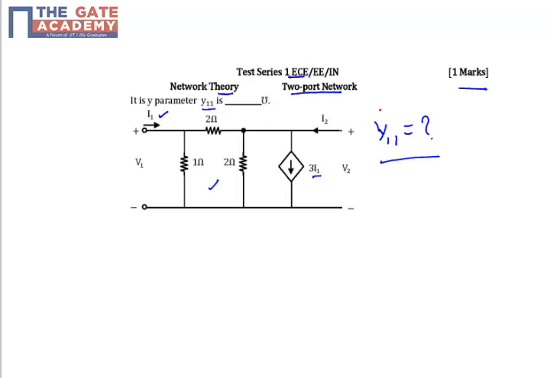Now we know that y11 is a part of the y parameter. In the y parameter, the relationship between voltage and current is: current I1 is equal to y11 V1 plus y12 V2, and current I2 is y21 V1 plus y22 V2.